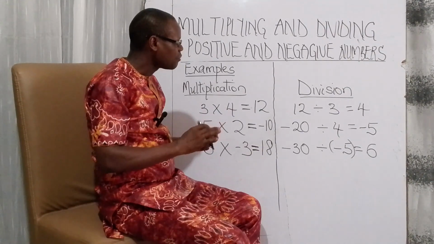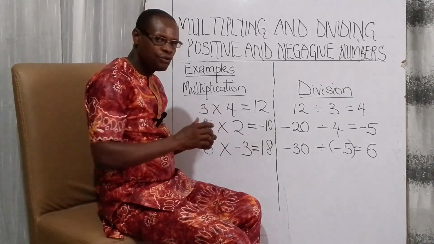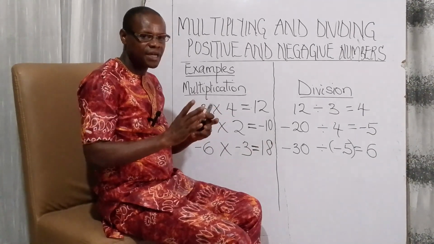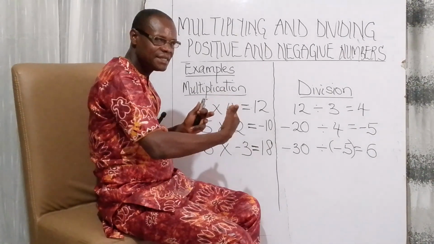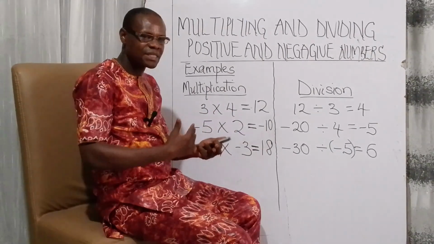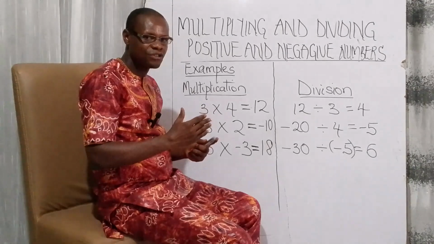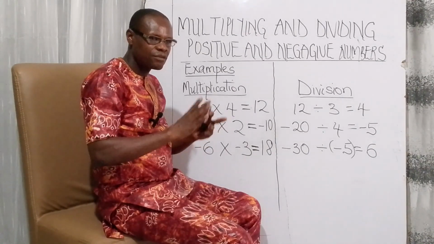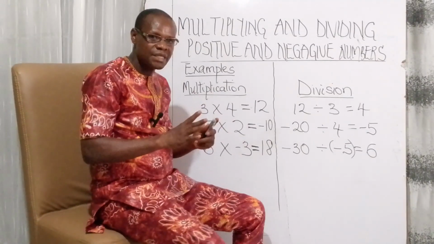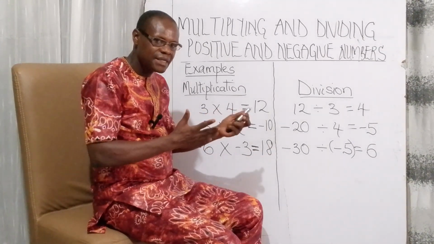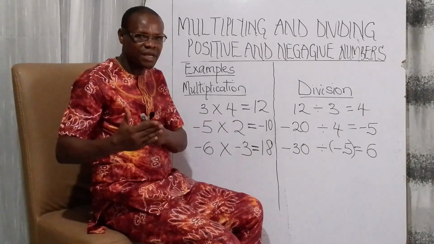Now, I am going to give you another instance. I want to clarify when we are adding positive and negative numbers and when we are multiplying positive and negative numbers, because I have observed that a lot of students find it very difficult to understand when we are adding and when we are multiplying.